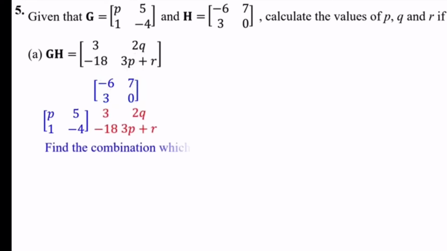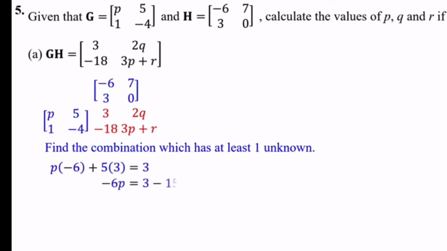So let's multiply the matrix carefully. So we will find the combination which has at least one unknown. So it's p times negative 6 plus 5 times 3 equal to 3. So we can solve the p, which is actually p is 2, right?